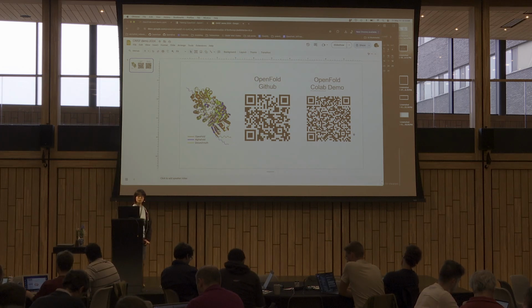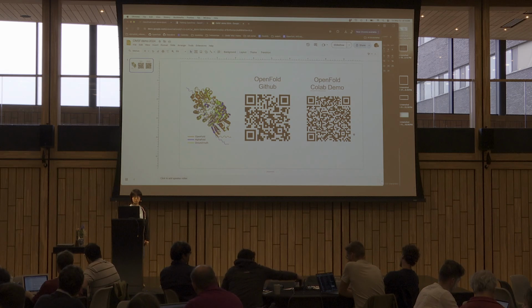I think it depends on the protein a bit. If you've got a target that is already well characterized by even a small set of your databases, then perhaps you don't need such a large database. You can do it with a small fraction of the database. But if you've got a protein that doesn't have as much representation, then perhaps you do need to use the full database. Unfortunately, the databases are pretty large, like several hundred gigabytes.